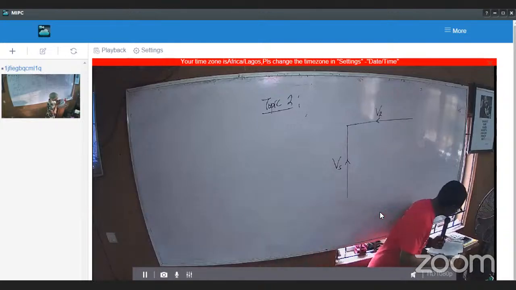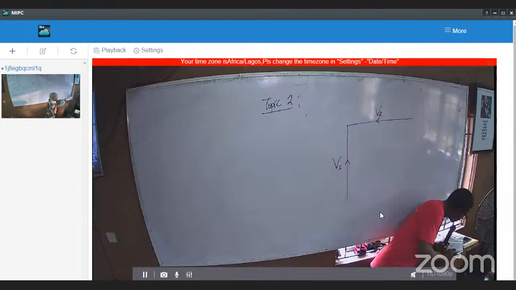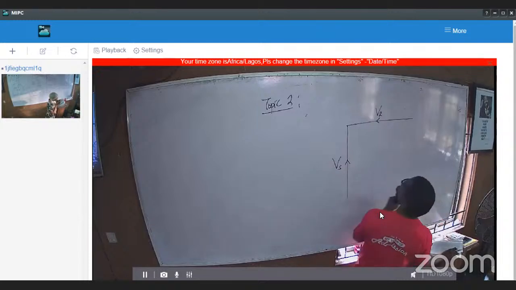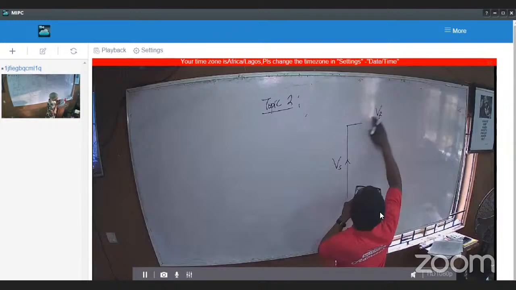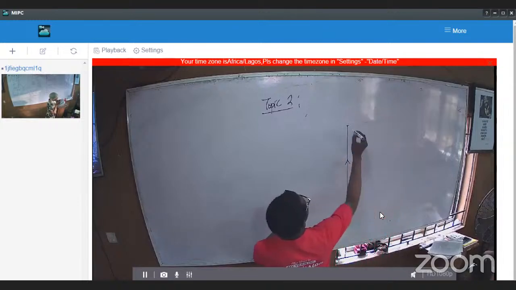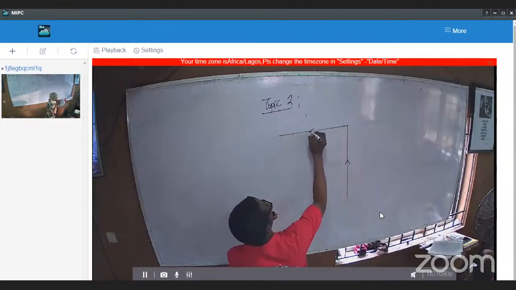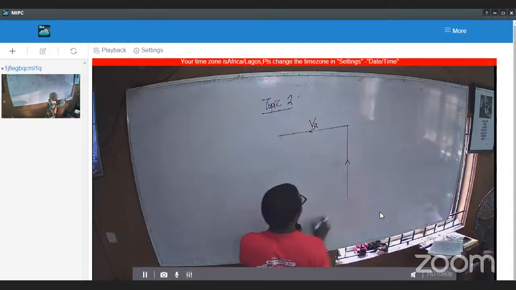What they say we should draw? Which one relative to which one? Relative to the ship. Okay. Let me draw it this way. This is ship.